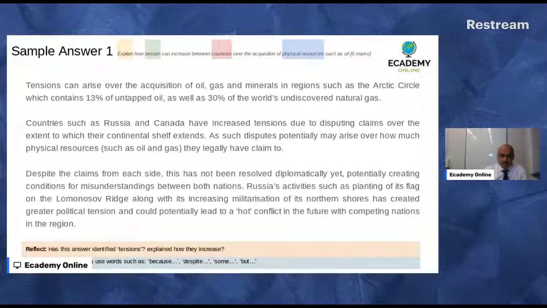Okay, just another 10, 15 seconds, just have a read through the answer. Think about what we've talked about earlier and let me know in the chat what could be improved. You might want to write down first sentence, this is good, or second paragraph, this could be improved, or third paragraph, I think this person should have done this. Just let me know in the chat how you think this person could improve their answer.